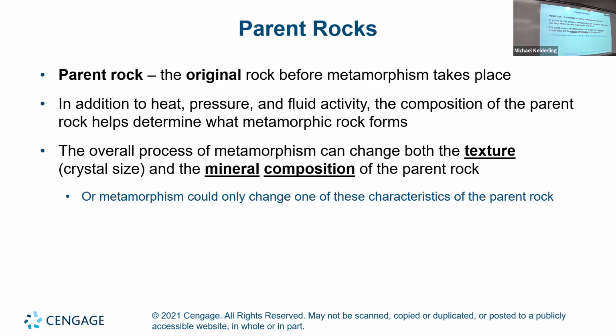So, for example, from my box of metamorphic rocks, here we have granitoid gneiss. This was formerly granite. Here we have white marble. This was formerly limestone. And you can see they're quite different, though probably the conditions were a little different as well.